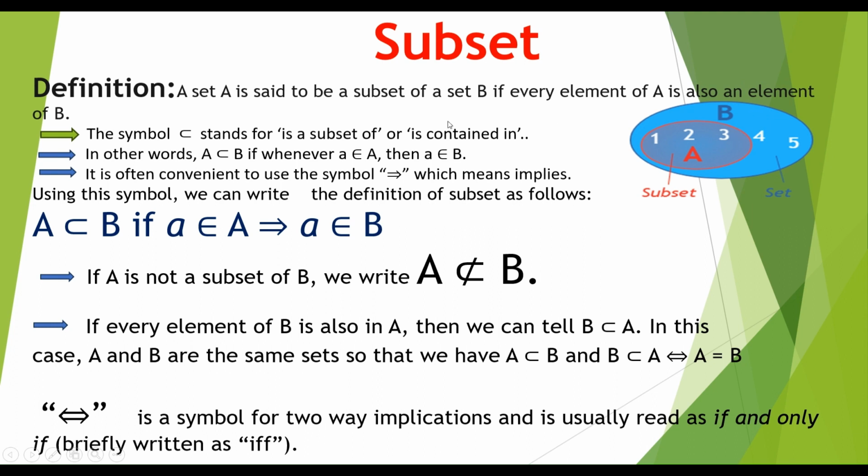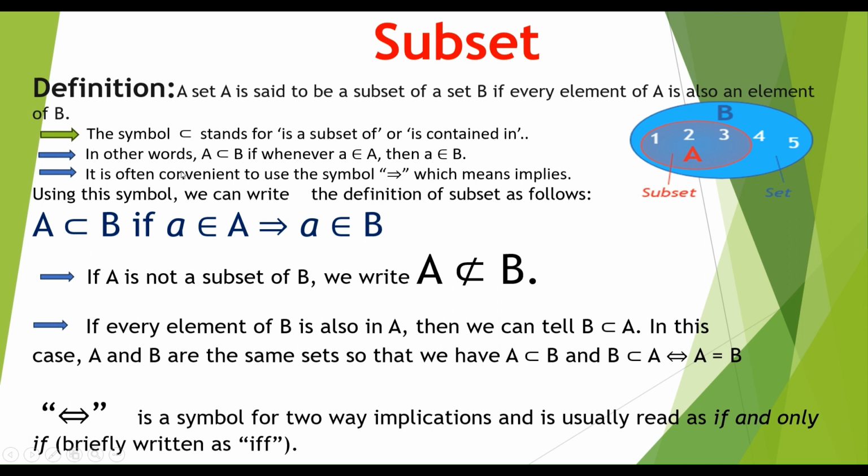Okay, then next, how we are going to represent this subset with the symbol, this one. This symbol stands for subset. Okay, and we can also say it as subset or contained in.